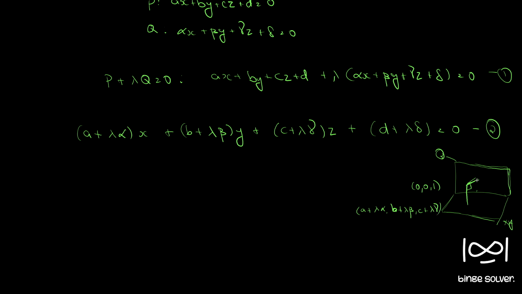These are the direction ratios of this normal. So these two lines are perpendicular.